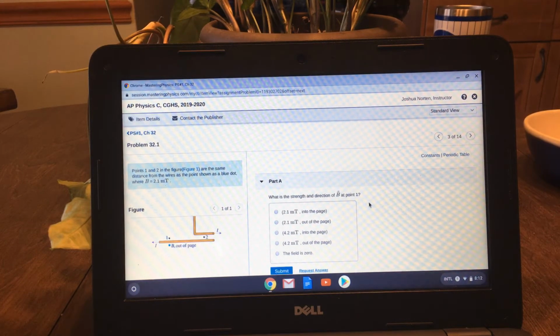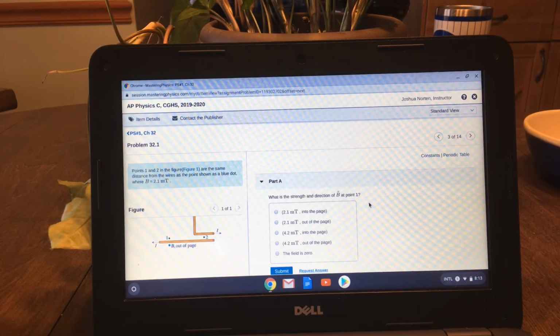You've got the current-carrying wire above it with rightward current, and beneath point 2 leftward current. You might say a rightward current and a leftward current cancel out. However, you are below the rightward current and above the leftward current. So you have to do the right-hand rule for both of those currents, and you'll figure out the B field that results. It's an interesting pattern.